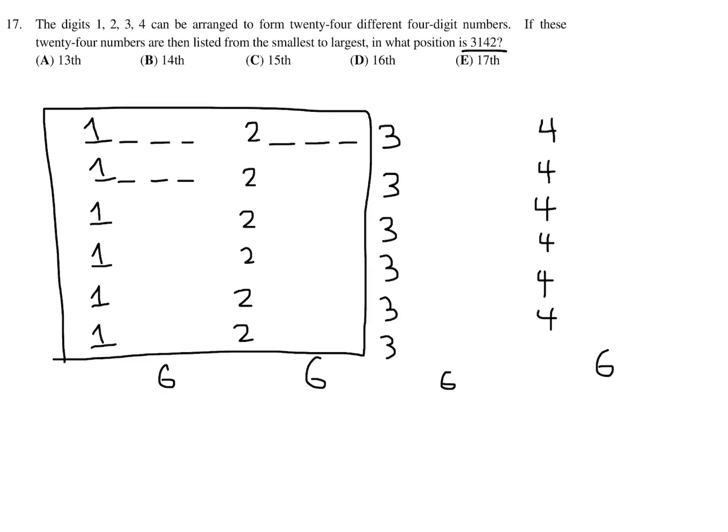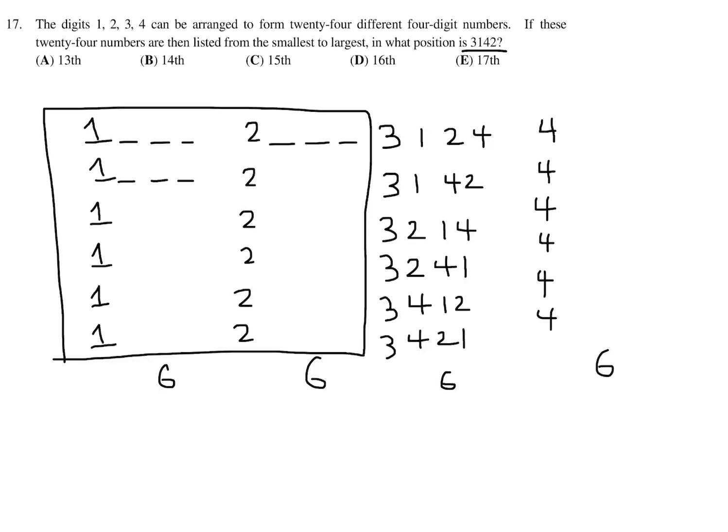So let's write down the numbers that begin with the 3. We got 3, 1, 2, 4, 3, 1, 4, 2, 3, 2, 1, 4, 3, 2, 4, 1, 3, 4, 1, 2, and 3, 4, 2, 1.